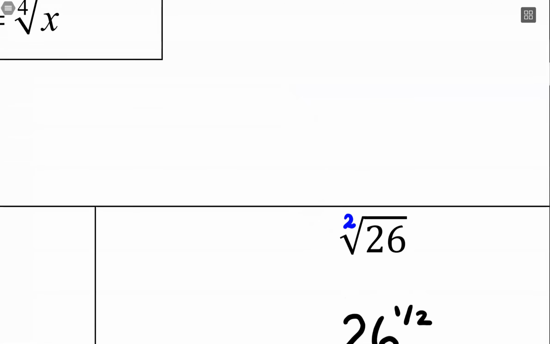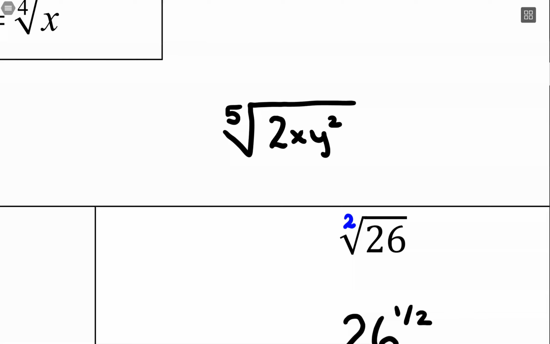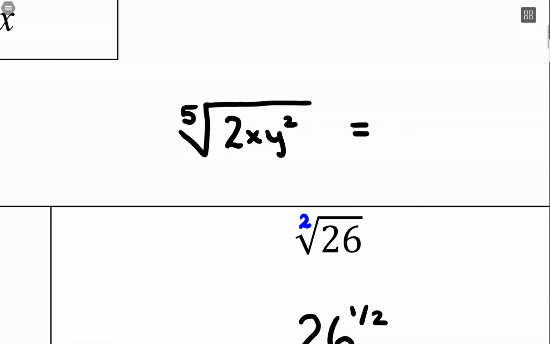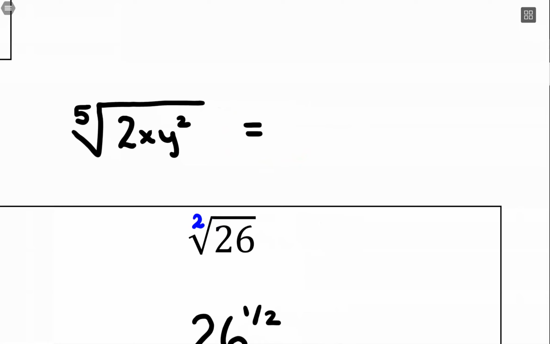Let's say I was taking the 5th root and, just to have a more complicated expression underneath, let's say it was 2xy squared. So changing this to exponential form, everything that's underneath the radical would be the base of the exponent. So what I would do is group that together in parentheses.